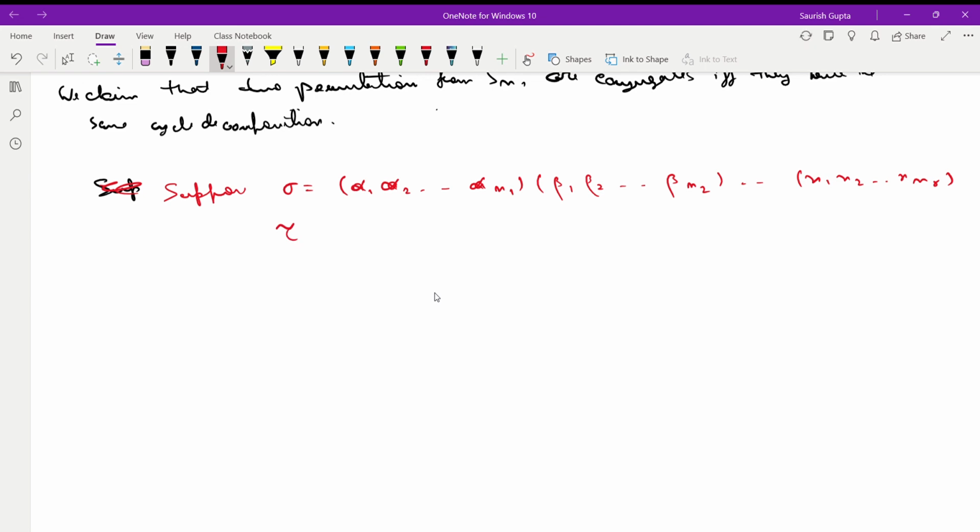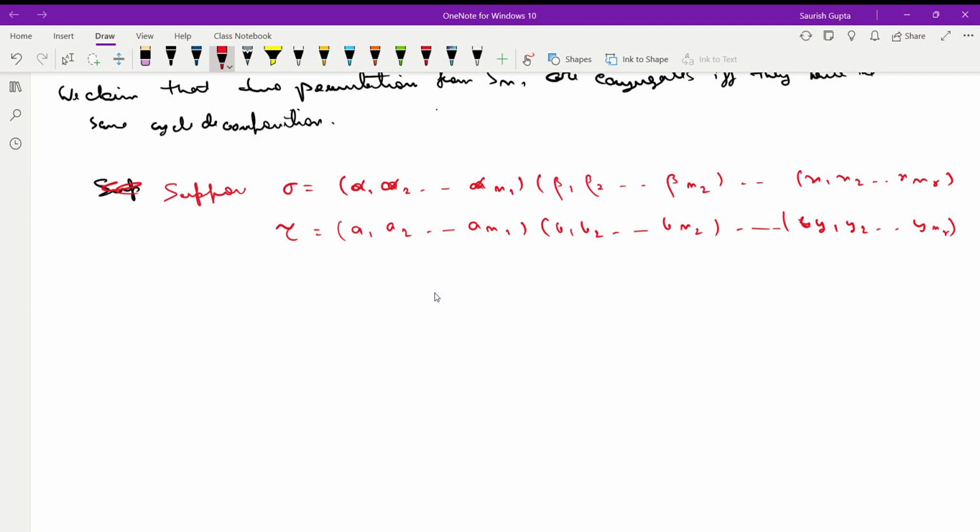And let's say tau is (a1, a2 till an1), (b1, b2 till bn2), and so on, till (y1, y2 till ynr).